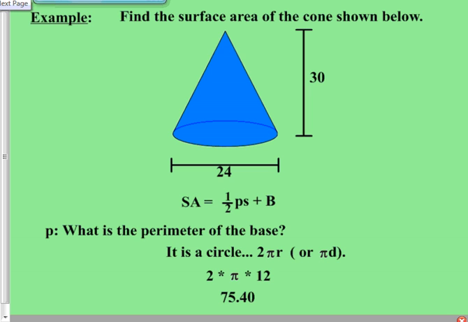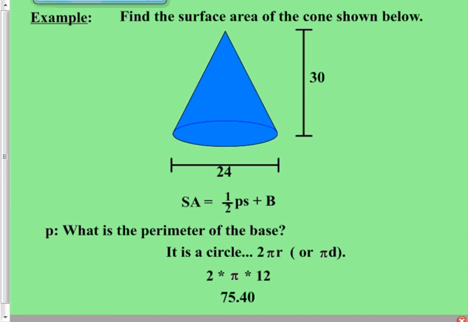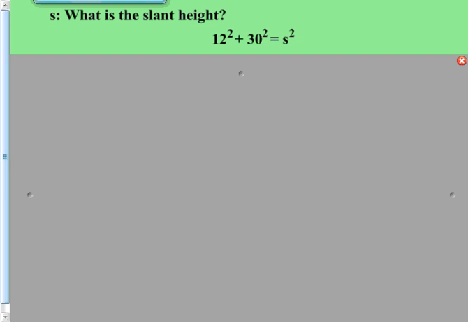So there's P. Now moving on, we need to know the slant height. Quick glance back at the problem. Did they give us the slant height? No, they didn't. They gave us the overall height, and they gave us information about the base. But we can set up a formula, a Pythagorean theorem, with the slant height: 12 squared plus 30 squared equals slant height squared.